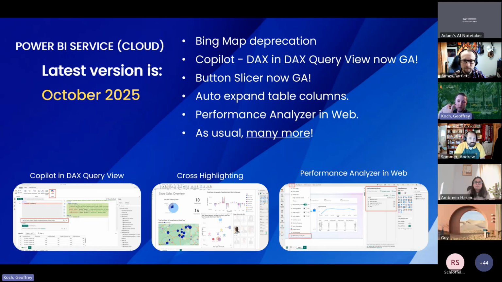But the limitation with that is performance, right? The performance that we have on desktop sometimes is different than on the service. So the fact that we can use Performance Analyzer in the web now natively is pretty awesome. We're going to be utilizing that internally as much as we possibly can.